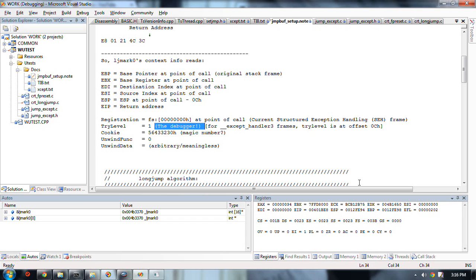I've just found out it is 1, but it's not because of the debugger. It's not because the debugger has a try in front of the program.